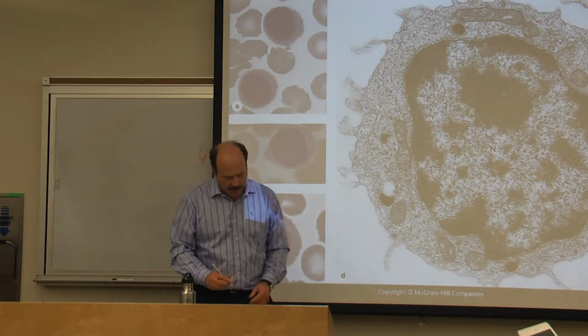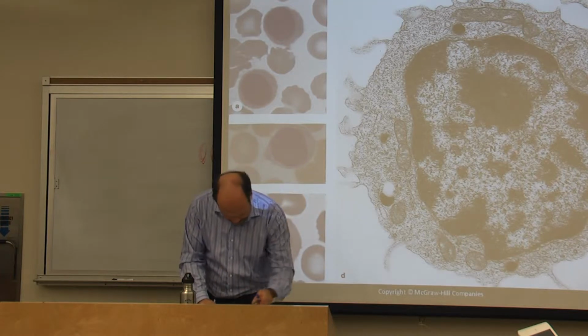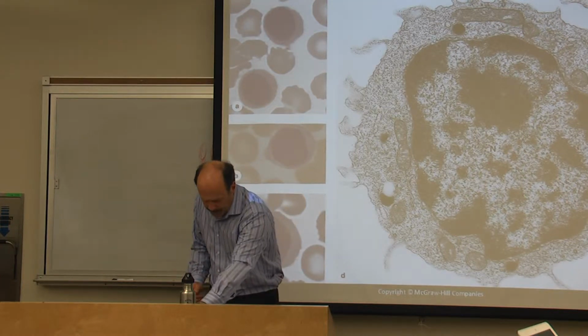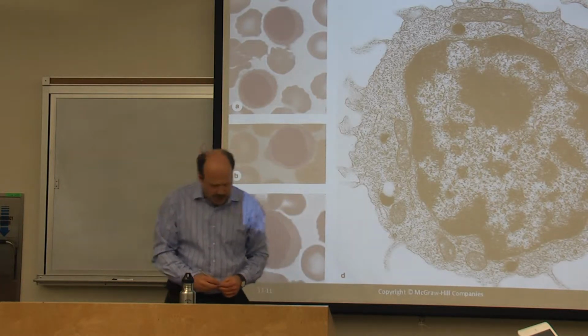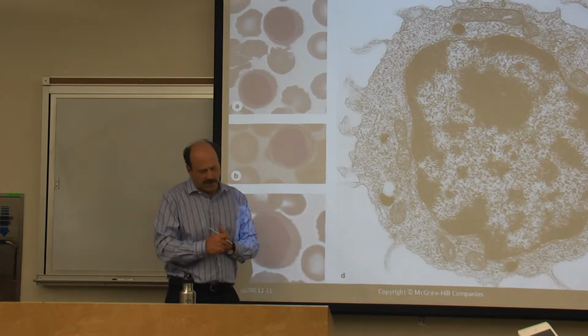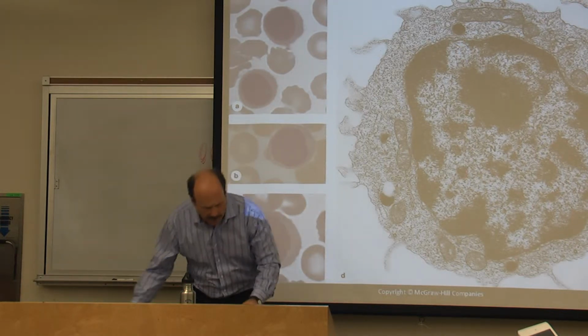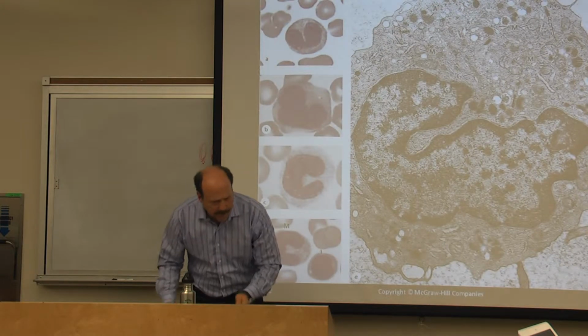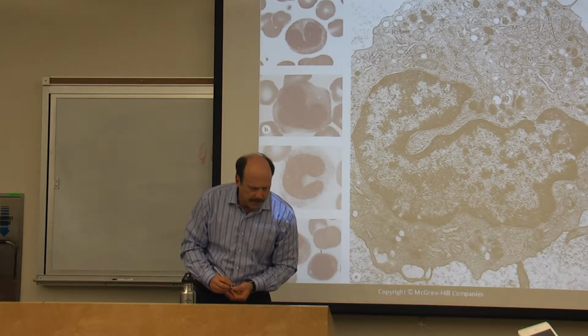So this one is a lymphocyte. There are two types of agranulocytes: lymphocytes and monocytes. So this next picture, that's a monocyte.